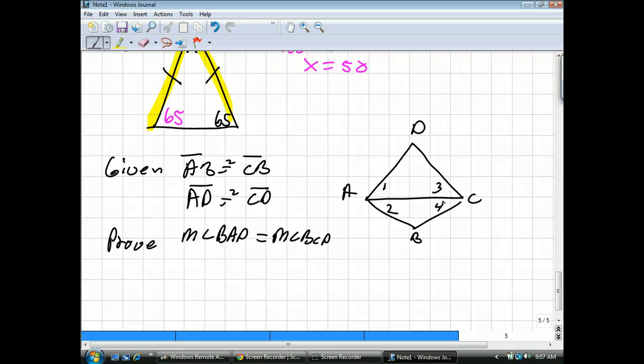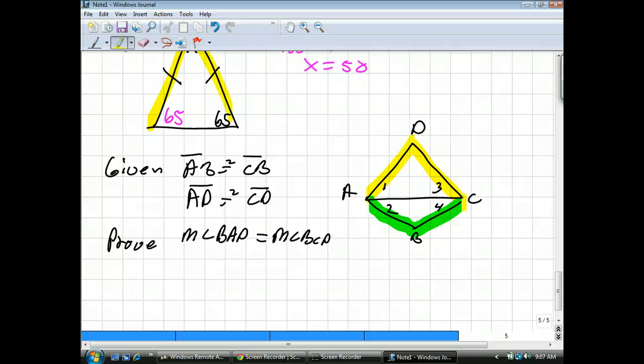Okay. So in this one, let's kind of get an idea of where we're going here. I know that AB is congruent to CB. So that means triangle ABC is an isosceles triangle. So therefore we know angle 2 is congruent to angle 4. And we know that AD is congruent to CD. So therefore we know that angle 1 is congruent to angle 3.